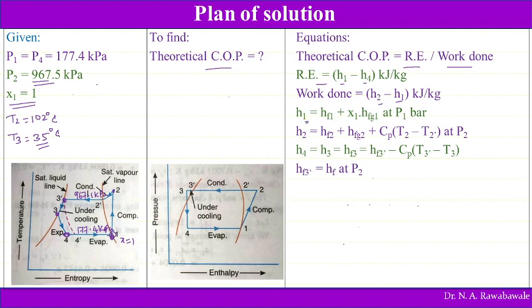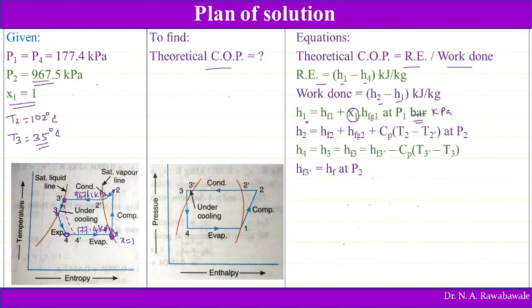The enthalpy at point 1 can be given as hf1 plus x1 hfg1 at pressure P1 kilopascal. Here x1 is given as 1, so the dryness fraction is 1. From this H1 can be obtained. To find H2, the enthalpy at point 2 can be obtained as hf2 plus hfg2 plus Cp into (T2 minus T2 dash).